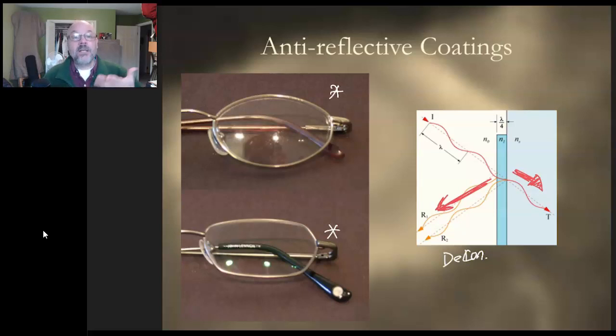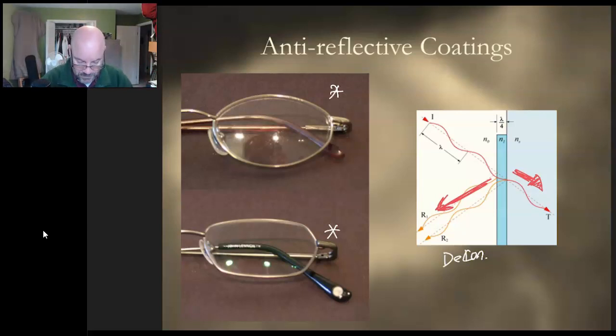Some of you that hunt may have a scope for your rifle that has anti-reflective coatings on it. The same thing applies there: that coating is going to allow more light to come through so that you can see better what you're looking at.